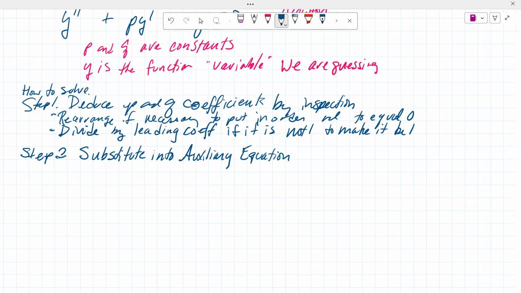So it's sort of like this supplementary equation to help us solve this problem. The auxiliary equation is given by this: m squared plus pm plus q equals 0. Oh, looks kind of like a quadratic. This is the auxiliary equation.